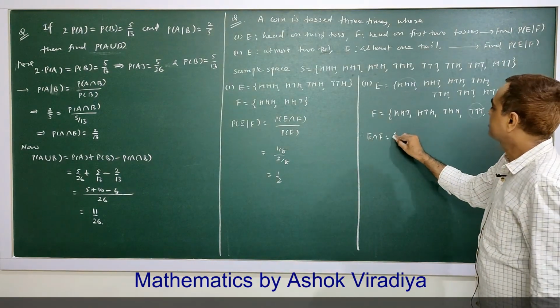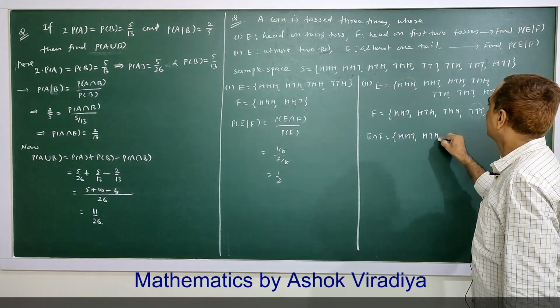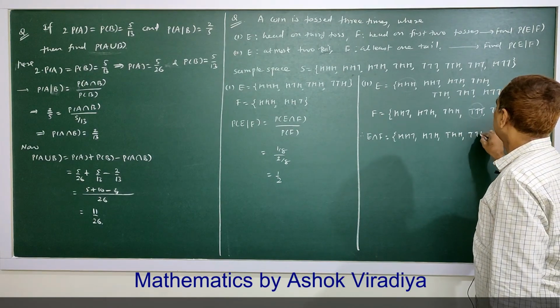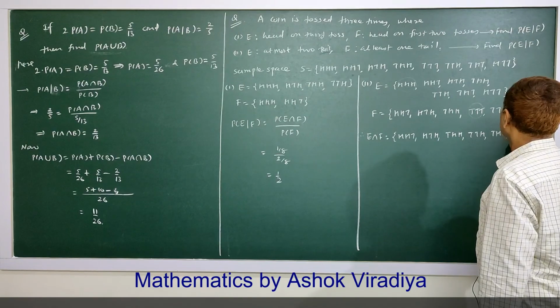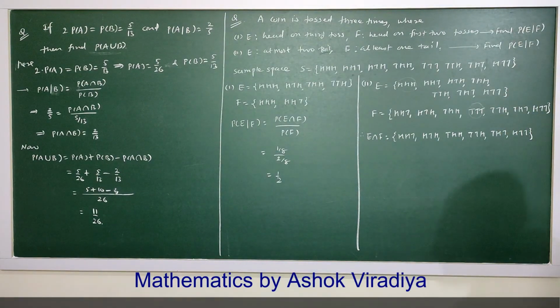So common elements are HHT, HTH, THH, TTH, THT, HTT. 6 elements are common.